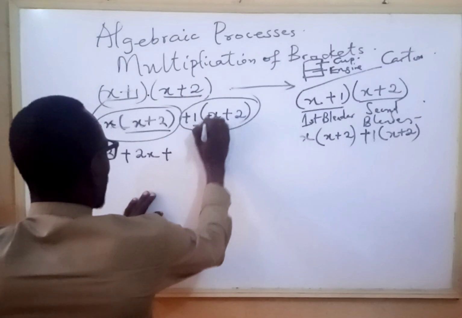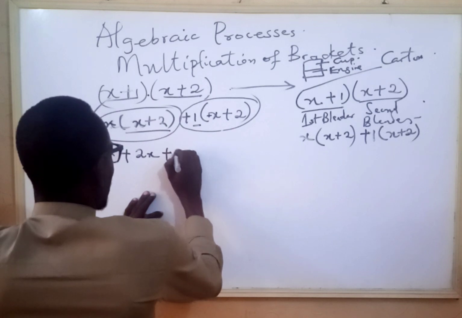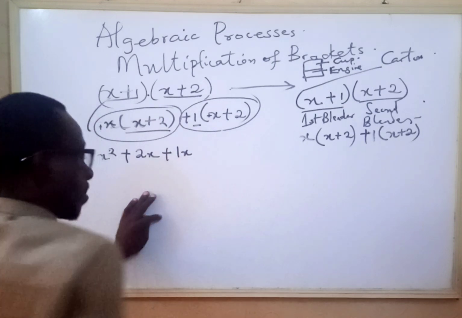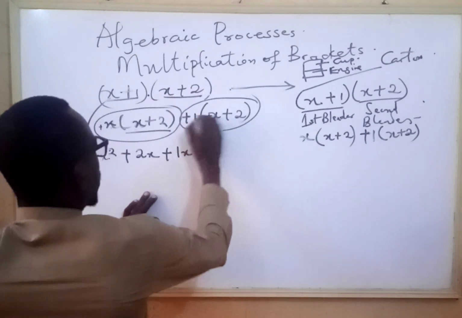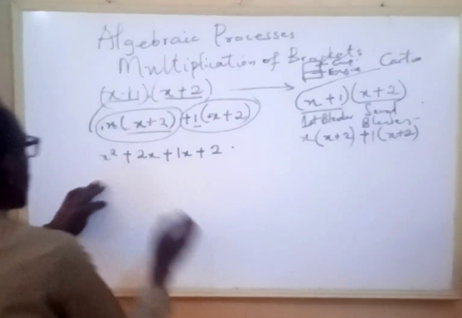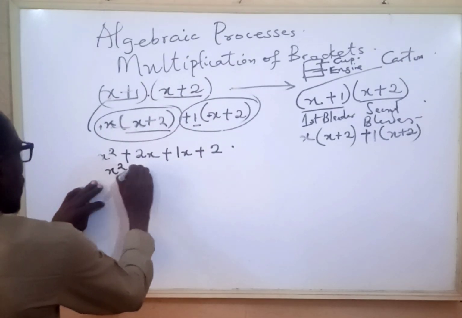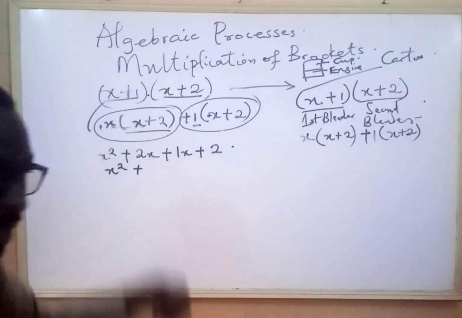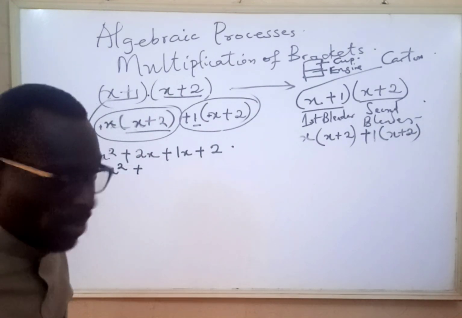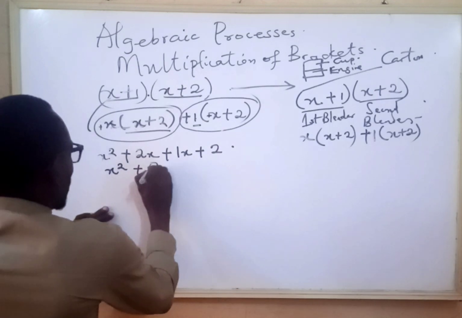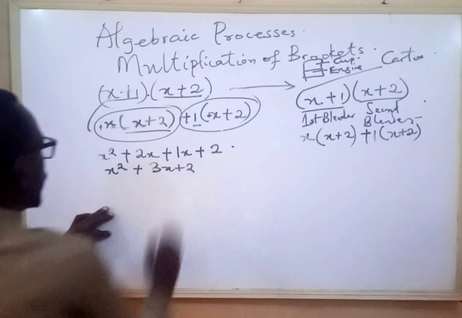Then imaginary plus times plus, 1 times s is 1s, which is the same thing as s. Plus times plus is plus, 1 times 2 is 2. This simply means you have s squared plus 2s plus 1s. You have 2 naira with you, and another 1 naira with you, which means you have 3 naira with you. That is s squared plus 3s plus 2.